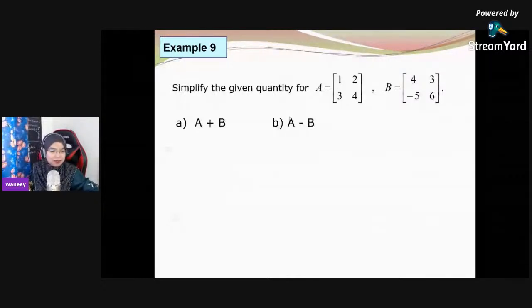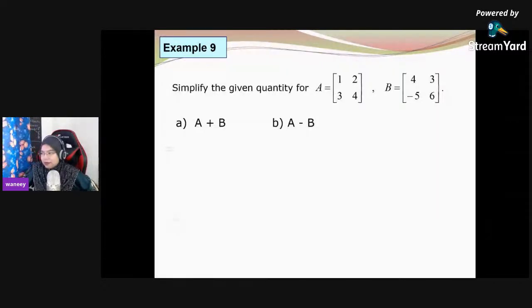answer afterwards. So tolong kira dulu lah. Dapat apa jawapan dia. Kalau dah dapat jawapan, boleh tulis.